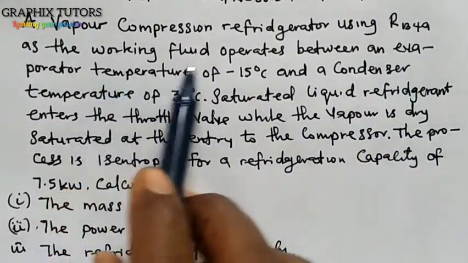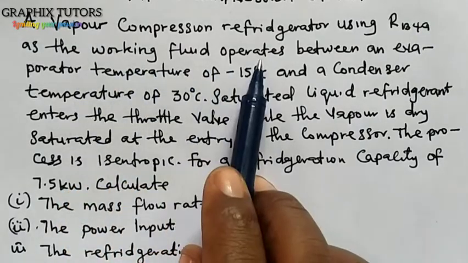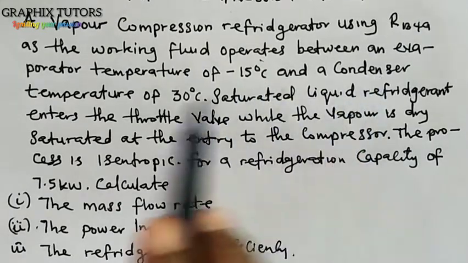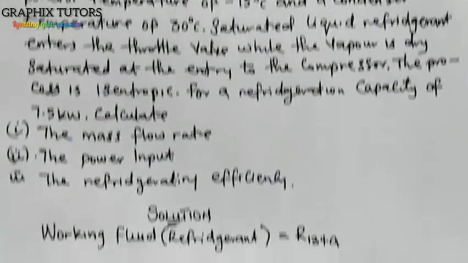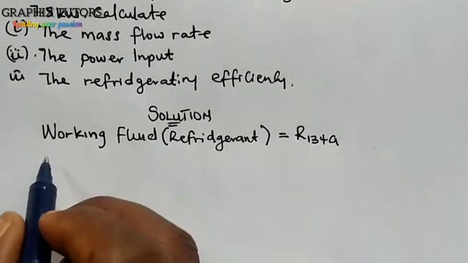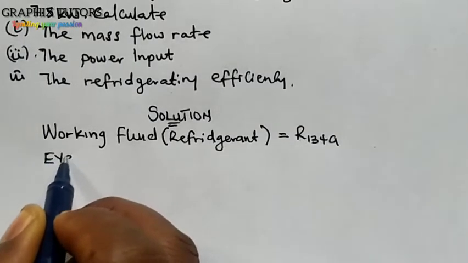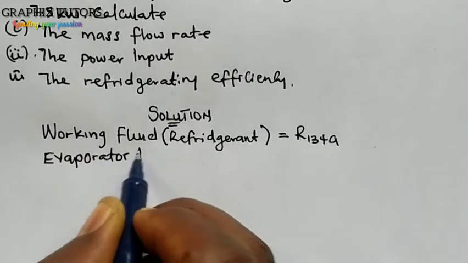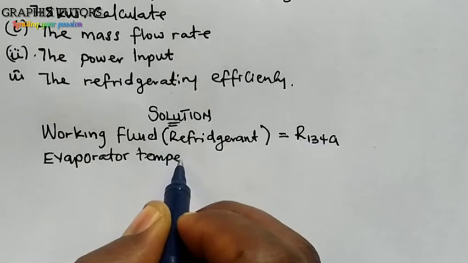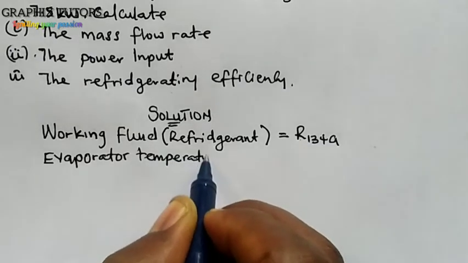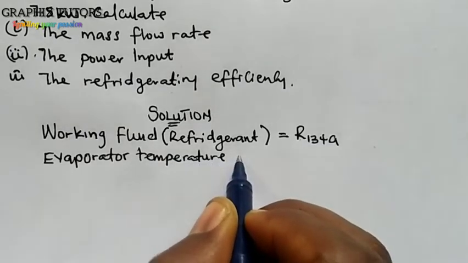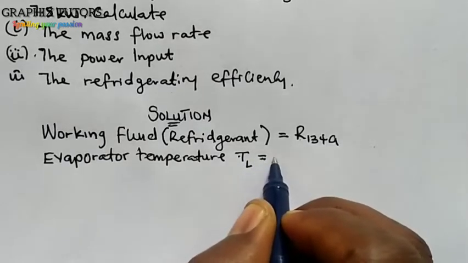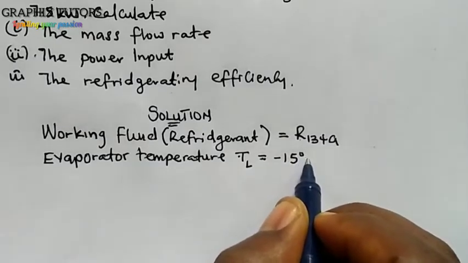Now it says the working fluid operates between an evaporator temperature of minus 15 and a condenser temperature of 30 degrees. So you write evaporator temperature, we call it TL, is minus 15 degrees Celsius.